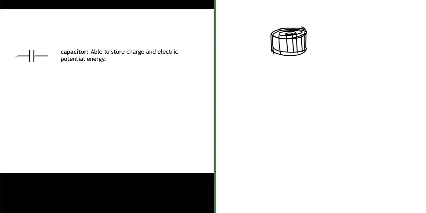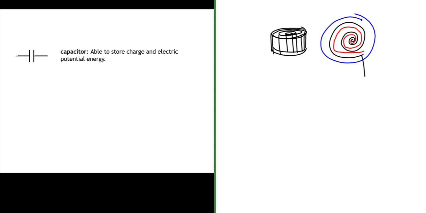If you were to look at this from the top, that would be one conductor, another conductor separated by a thin insulating material, and this would be a cylindrical capacitor.